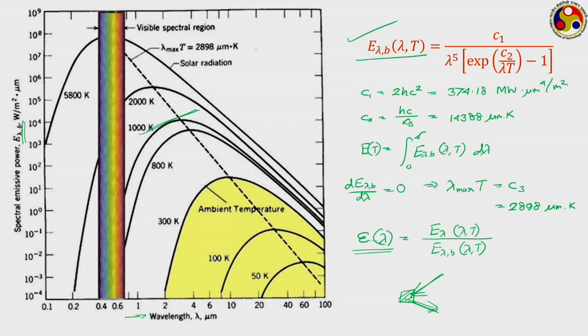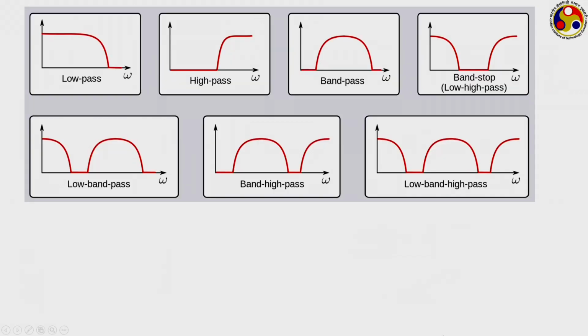Then, applying an energy balance, we can easily sense the temperature of this particular source, as we are continuously measuring the temperature of this body using any of the methods that we talked about till now, like thermistors. For this purpose, depending on which wavelength we are interested in, we can use different kinds of filters, like shown here.